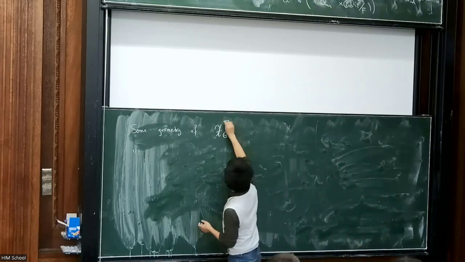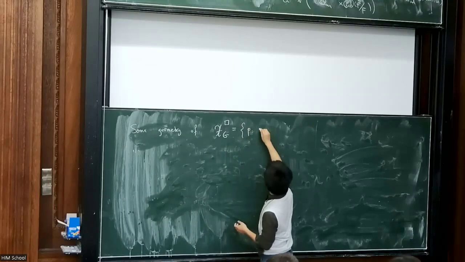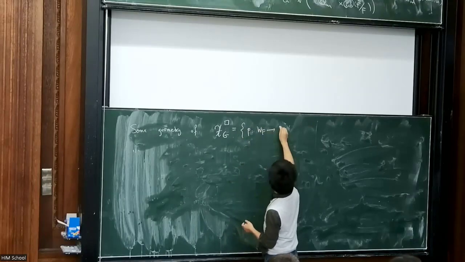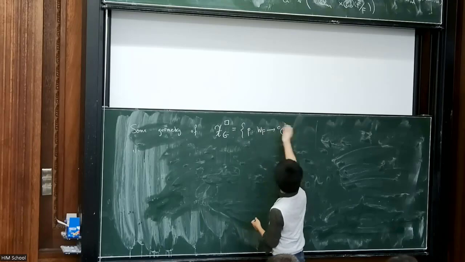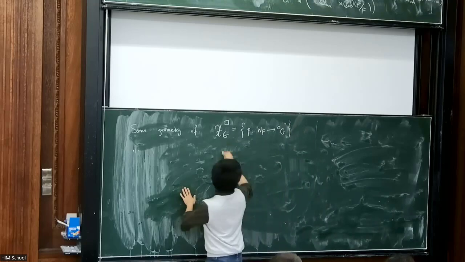Maybe I first add the box, which just classifies all such homomorphisms. So it's kind of the framed Langlands parameter or whatever.